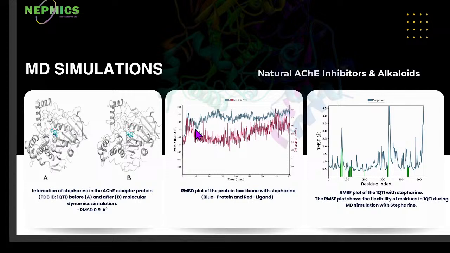At the start of the simulation the drug needs to get into its rhythm, so it needs some time to become active. It is a kind of preparation phase up to 25 nanoseconds, and after 25 nanoseconds it forms a stable curve, without too much deviation. Later, after 175, you can see some fluctuation in the ligand RMSD.